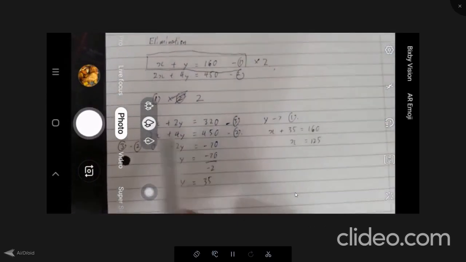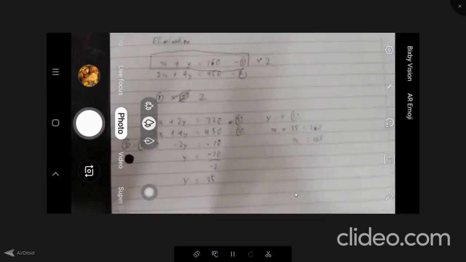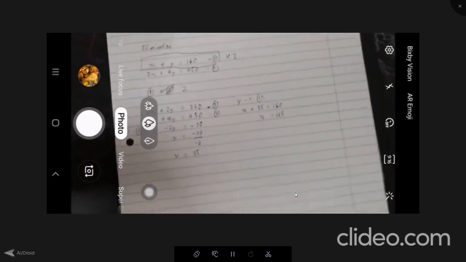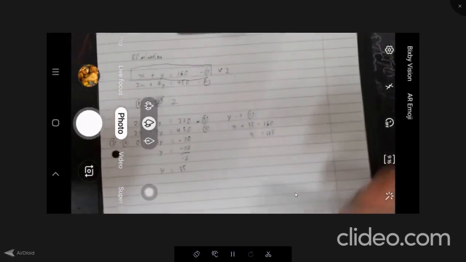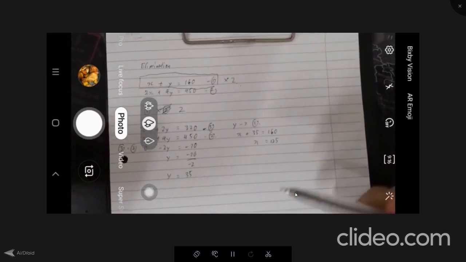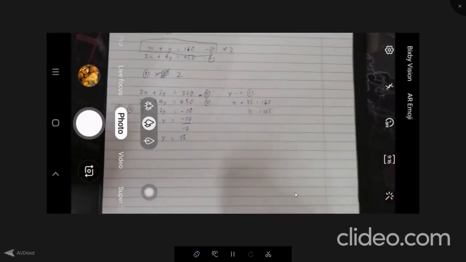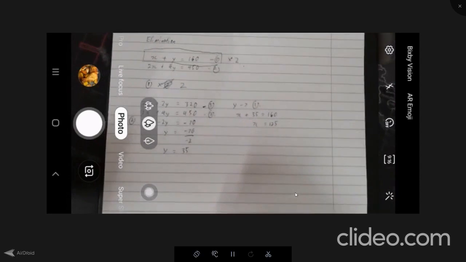Now this part may be a little bit confusing, especially if you suddenly have negatives and stuff like that. So let me give you another example.